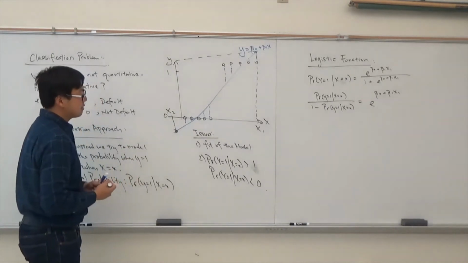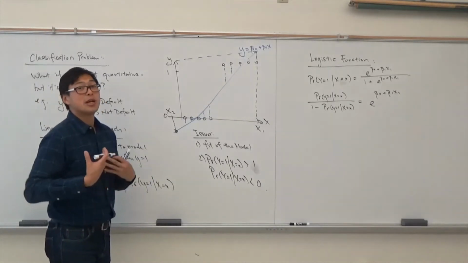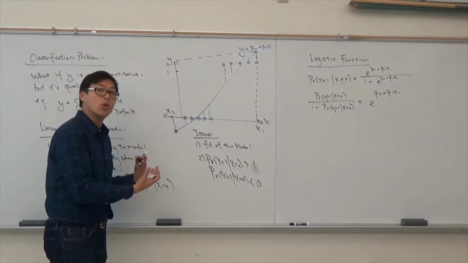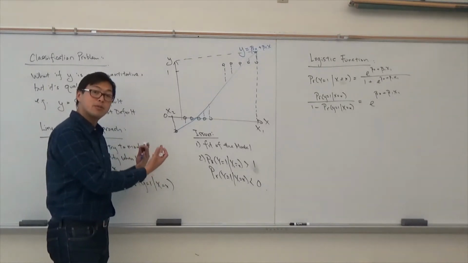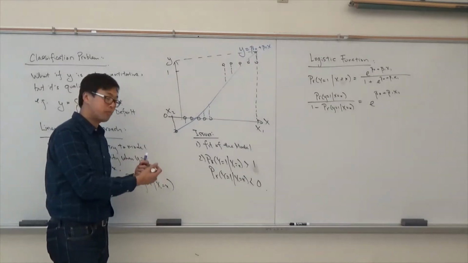Because of these two issues, it's very difficult for us to accept that the linear regression model approach is a good one for this kind of response variable, which we call a classification model.